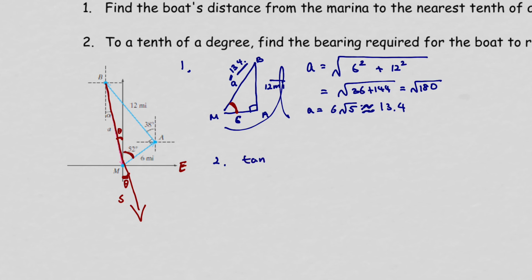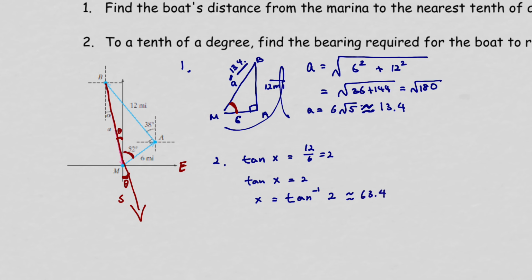So tangent of theta, which is the x degrees, is 12 over 6, which is 2, right? So tangent x equals 2. In order to find that x, with the value given, you're going to use inverse tangent. Tangent to the power of negative 1 on the calculator finds the angle. And this will give you somewhere close to 63.4.